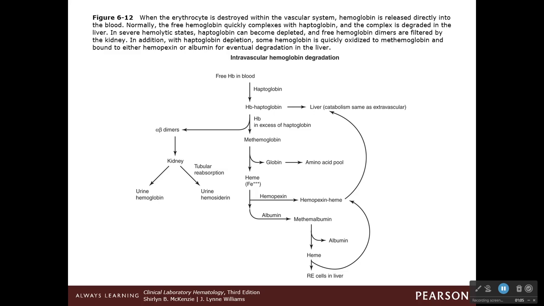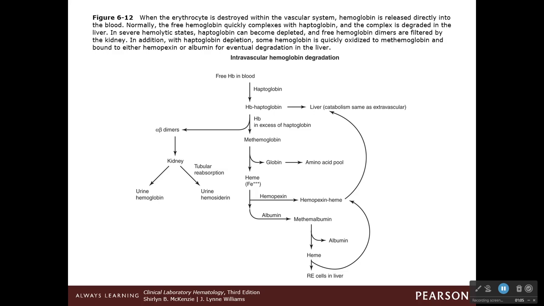When hemoglobin or cells break down, haptoglobin binds free hemoglobin. That hemoglobin plus haptoglobin goes to the liver. Once it reaches the liver, it does the same job as it did for extravascular, so it makes bilirubin, urobilinogen, and those kinds of things.